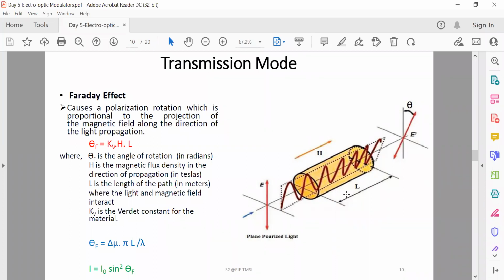Here the rotation is proportional to the intensity of the component of the magnetic field in the direction of propagation of light.